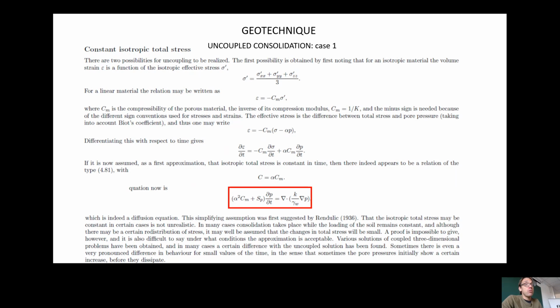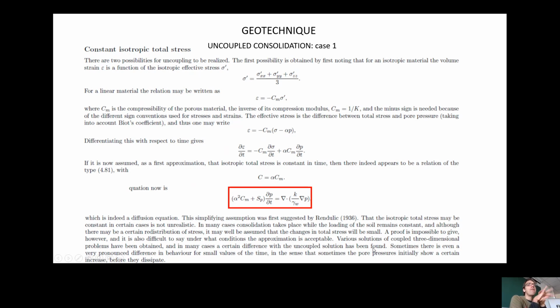In this way, considering these assumptions, various solutions of coupled three-dimensional problems have been obtained. In many cases, for example, a certain difference with the coupled solution has been found.